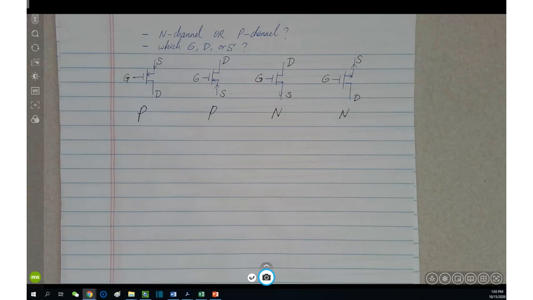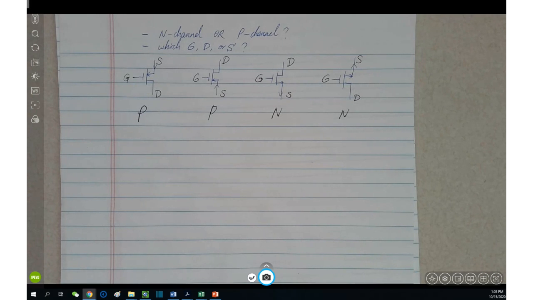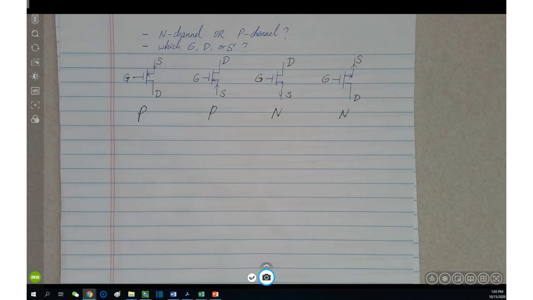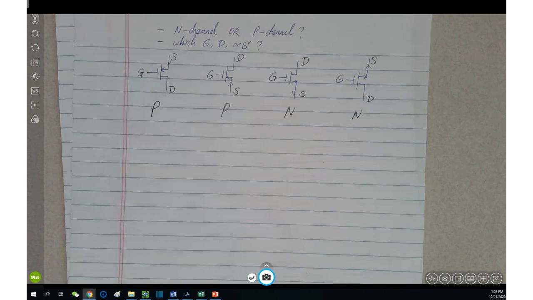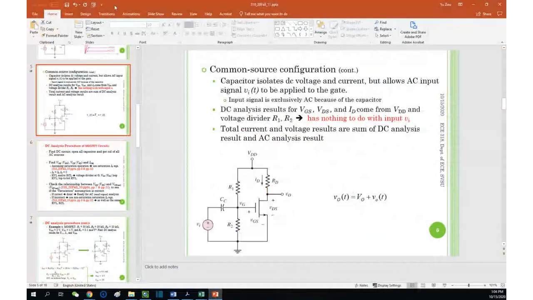That terminal is the source, and the other terminal is obviously the drain. This is how to identify the terminals and the channels. Based on these, we can go ahead and talk about the DC analysis.